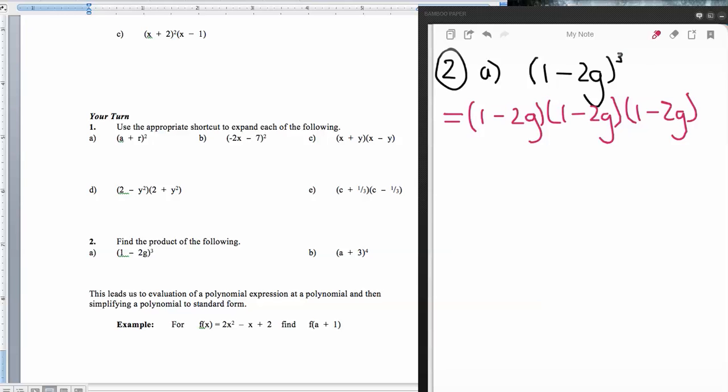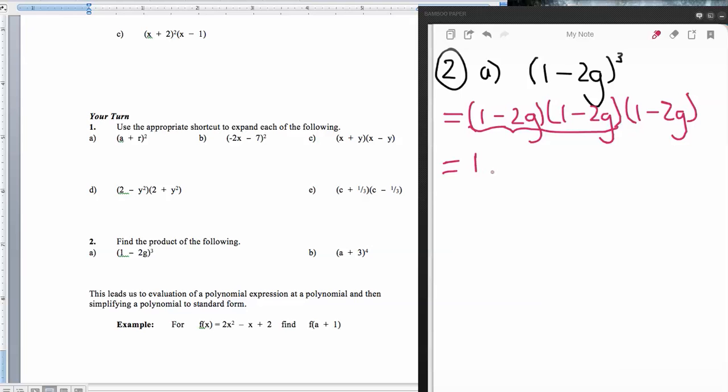Remember that exponents don't quote unquote distribute. We don't have the 1 getting cubed minus the 2g getting cubed. That's not the way that we do this. This means expand out, use 1 minus 2g as a factor 3 times. And then we can see that we have 1 minus 2g times 1 minus 2g, which is squaring a binomial. So we can use the shortcut on that.